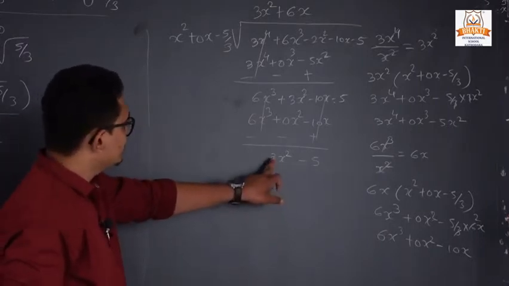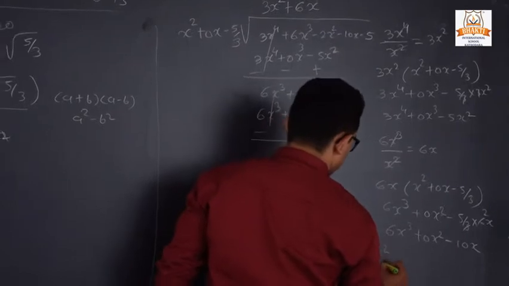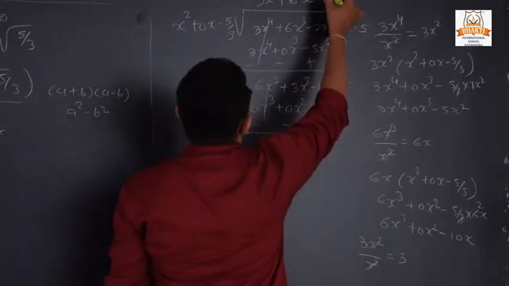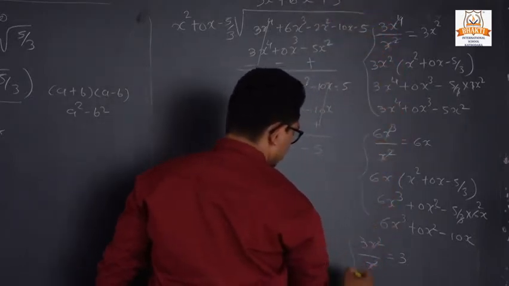Now, last step: 3x² is divided by x². The x² cancels, so we get 3. So plus 3: this is the first, this is the second, and this is the last.